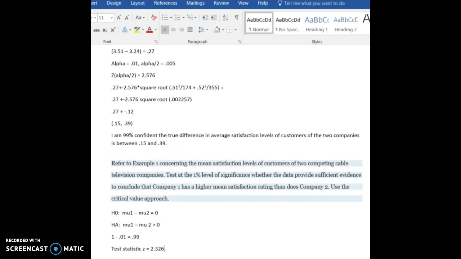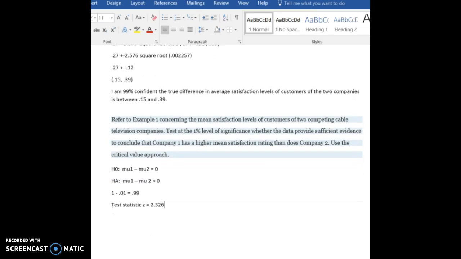Recall, I'm sorry, this is our critical value and not our test statistic. Now we're going to do our test statistic, and if that test statistic falls to the right of 2.326, since it's a right-tailed test, then it would be in the rejection region and we would reject the null hypothesis.